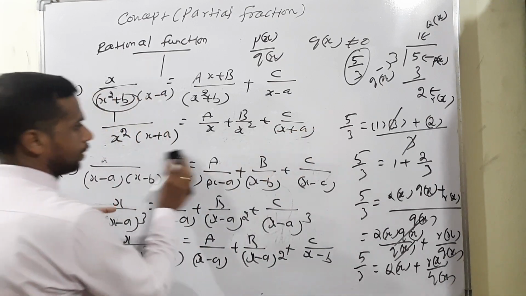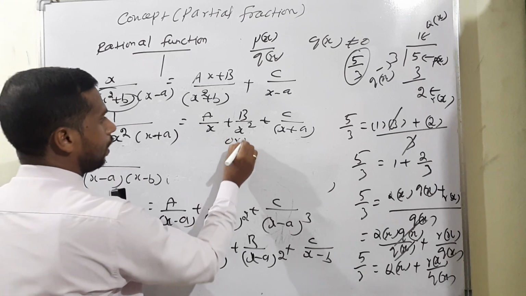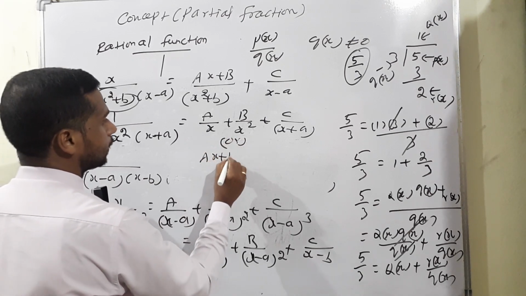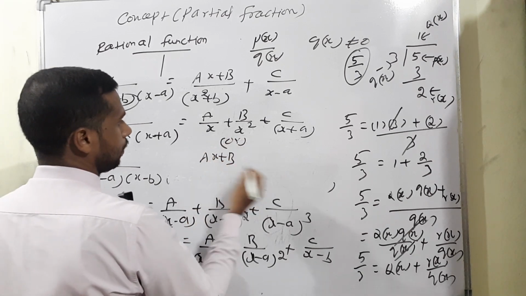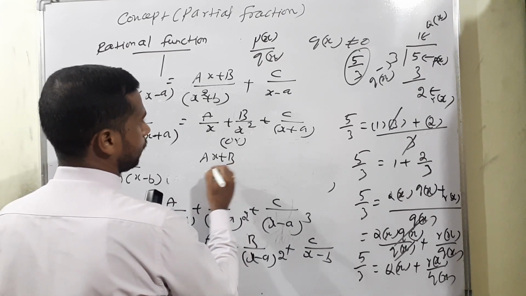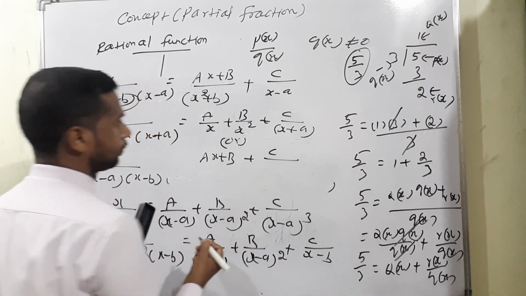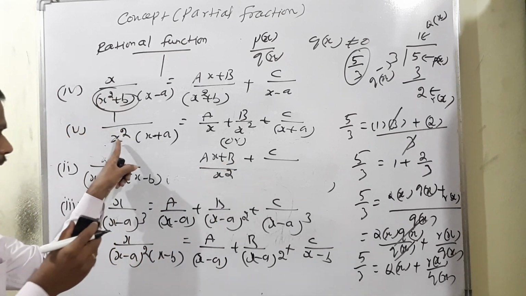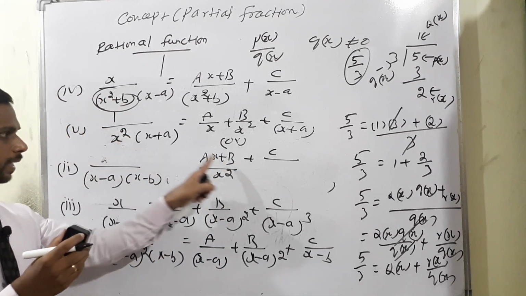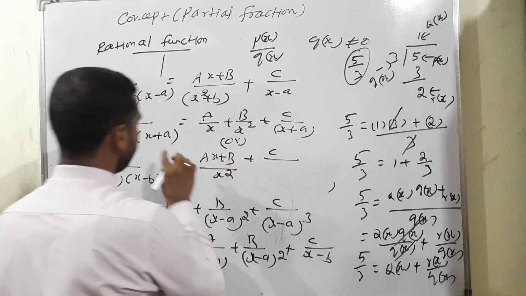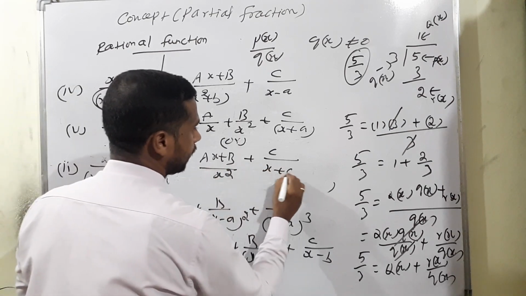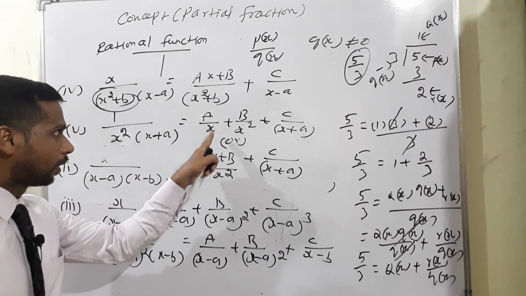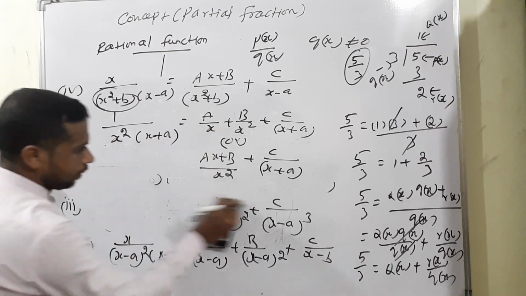Or we can write it as ax plus b divided by x square, plus c by the last factor, x plus a. Same one, now look at this. These are the same cases.